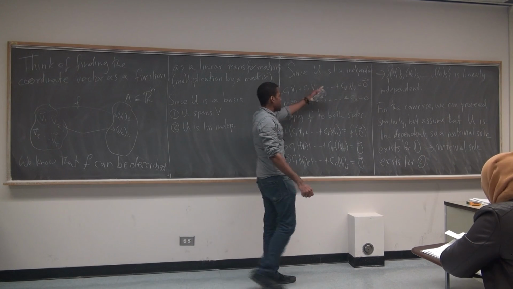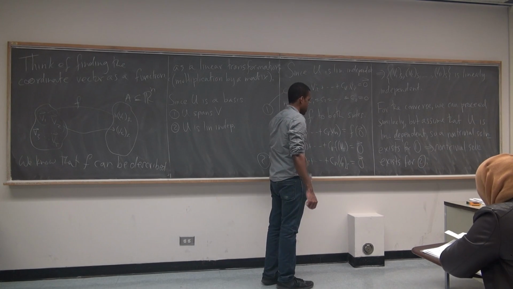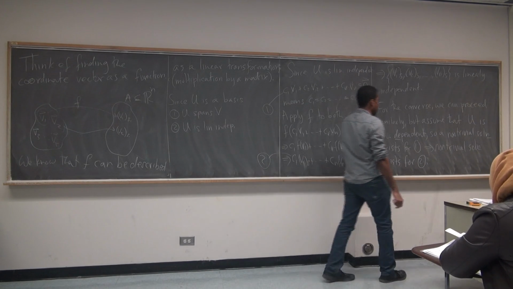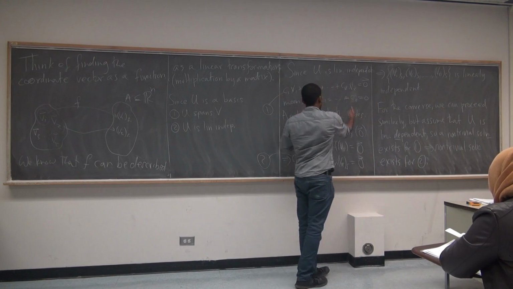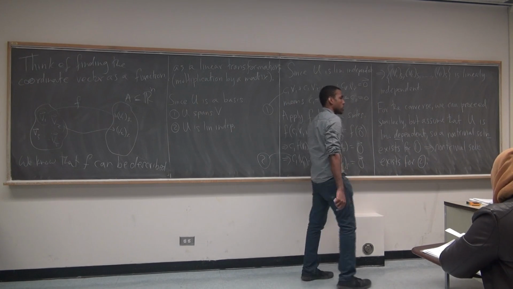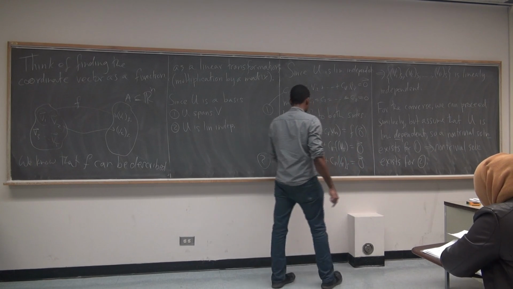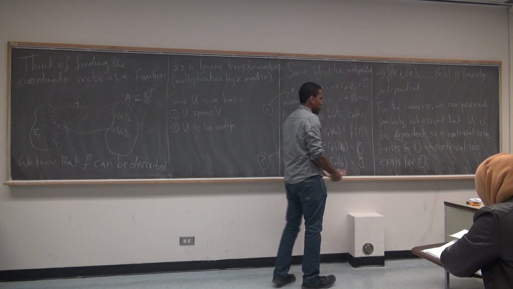Assuming it's linearly independent makes these guys linearly independent, using exactly the same coefficients. If I assume it's dependent, then again using the same coefficients, I can prove that the other one is dependent. So if the vectors are linearly independent or dependent, the coordinate vectors will be linearly independent or dependent.